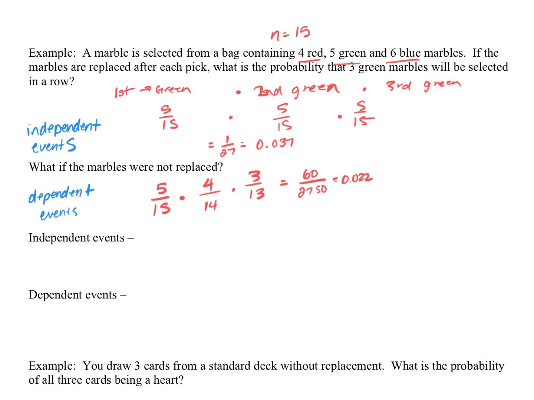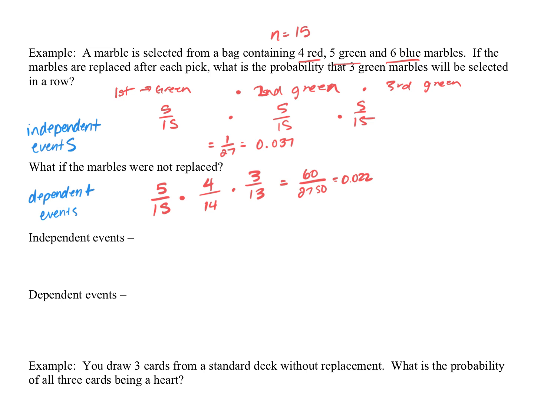So, for the top, because we were replacing that marble each time, the probability of green stayed the same the whole time, okay?